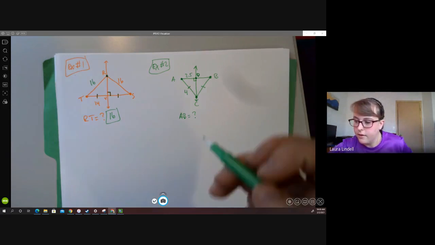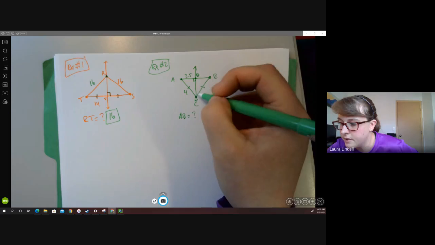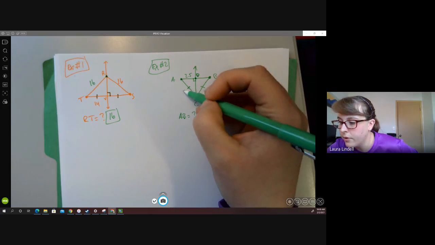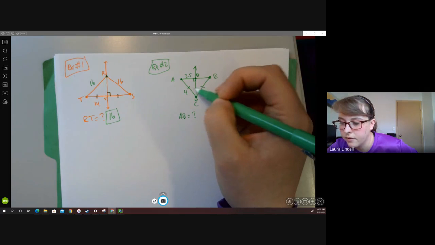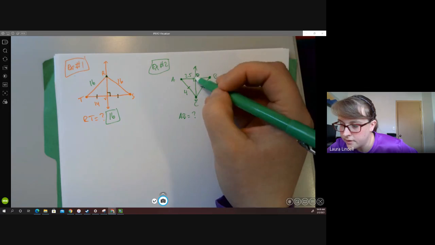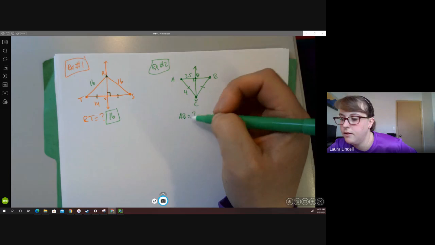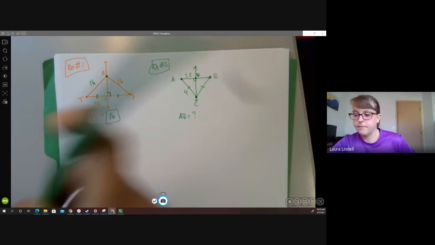So we've got this point C is the same distance to A as it is to B. We know this distance is 4. We know these two distances are the same. We know this line is the perpendicular bisector. And we want to know, what is the length of AB?